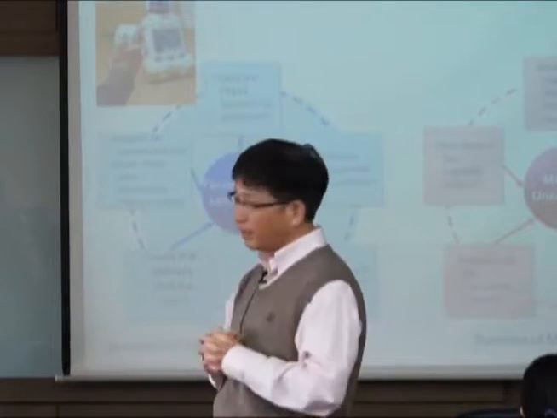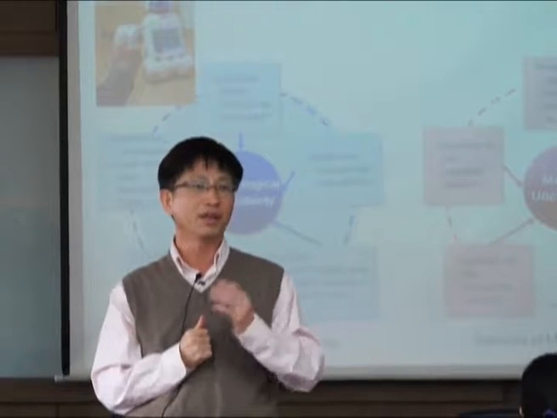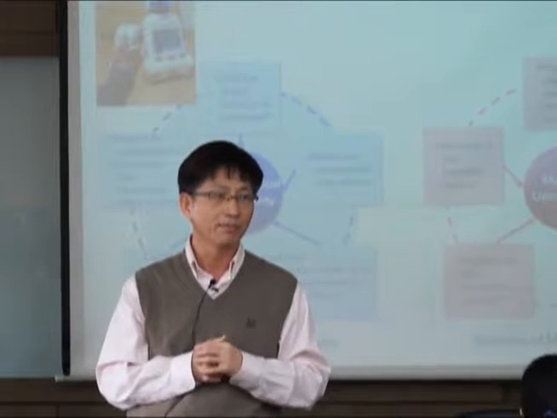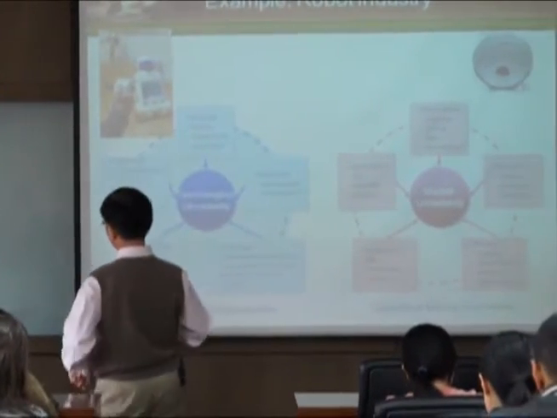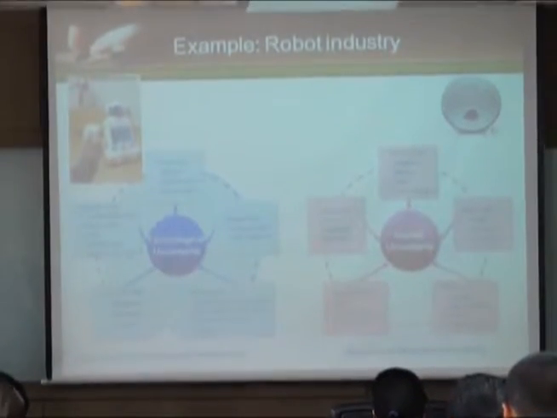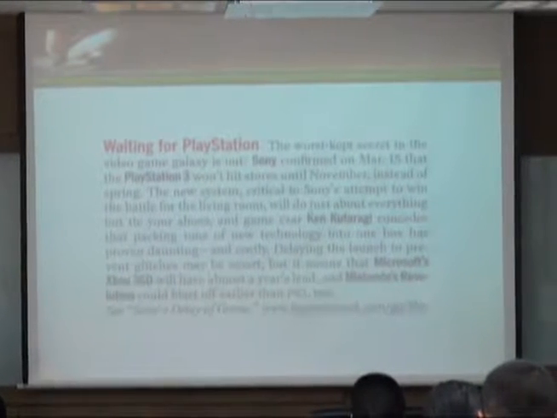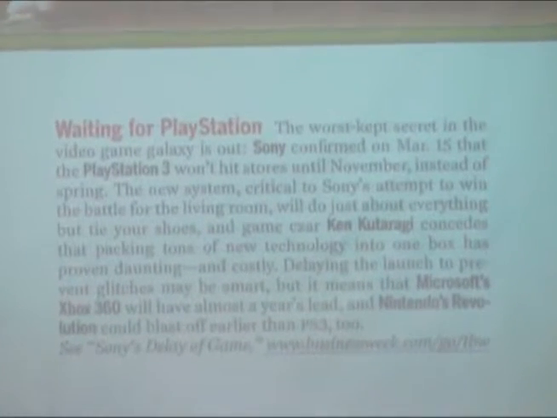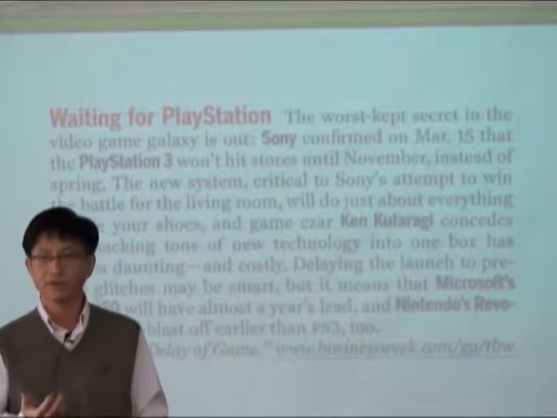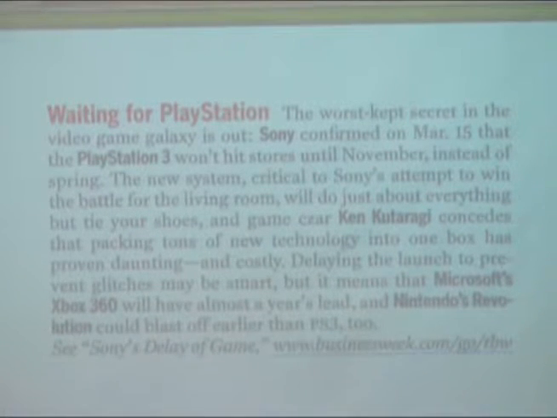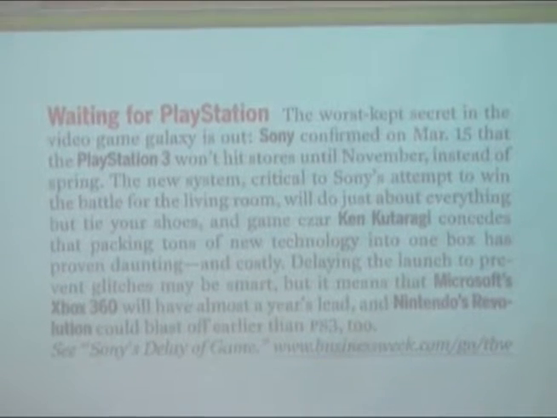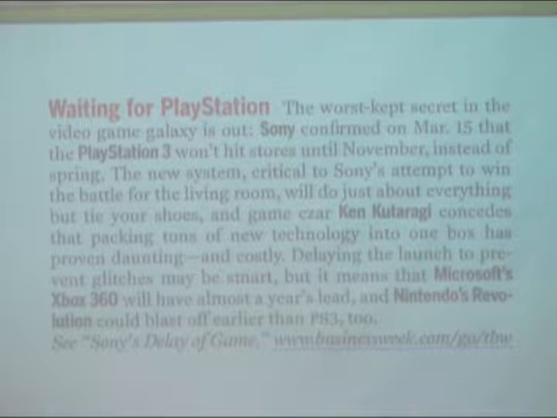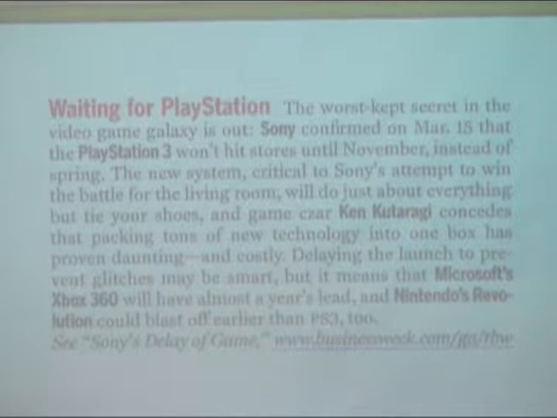And the thing is, could delivery be done on time? PlayStation, the slide before this, was actually the one. Sony had this PlayStation. They thought it would be released sometime in early March, and that didn't happen until November.